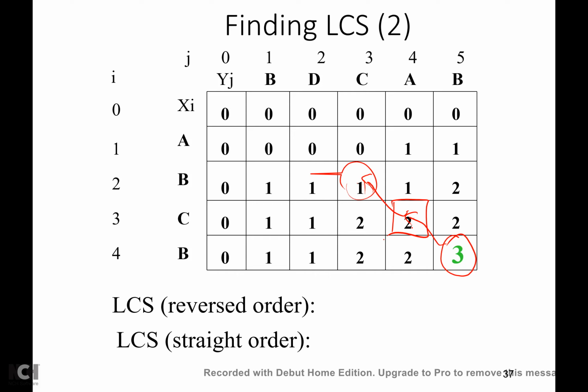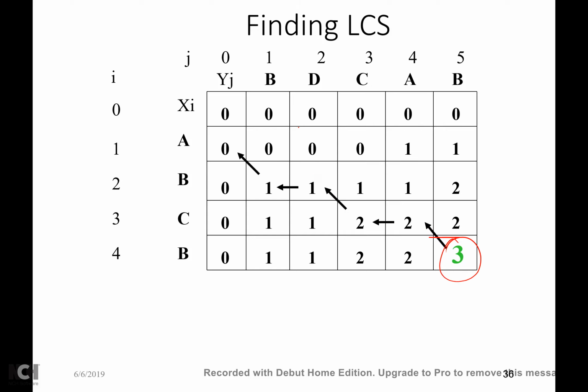You count this one, right? Then you continue. Because here you cannot use this one, you have to go back to here and check what is increased here. And go back to here, check what's increased here. So this is what you picked up: BCB, right?